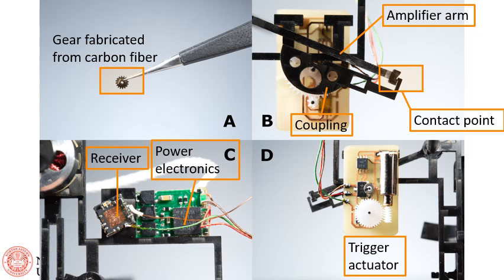Harpoon platform is laser cut from a thin carbon fiber plate and hosts actuators, power electronics, a receiver, and a processor. A trigger mechanism is unlatched and releases the landing gear once the robot has been reoriented towards the landing surface.